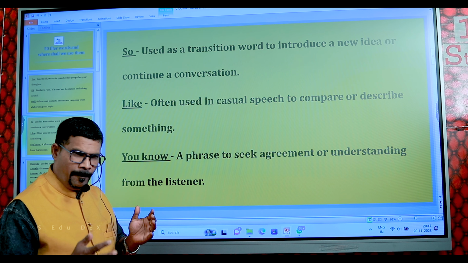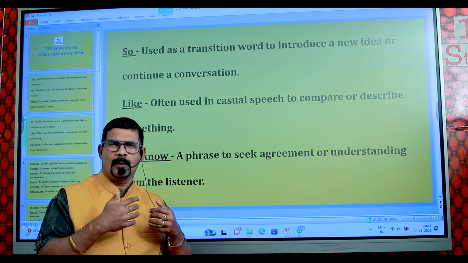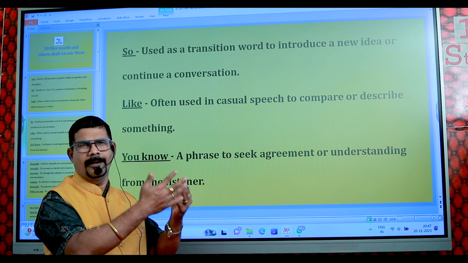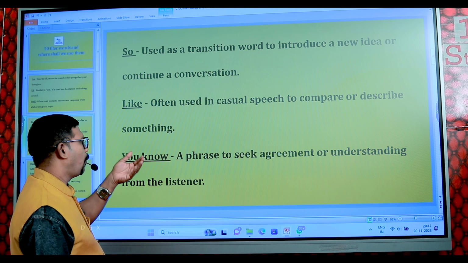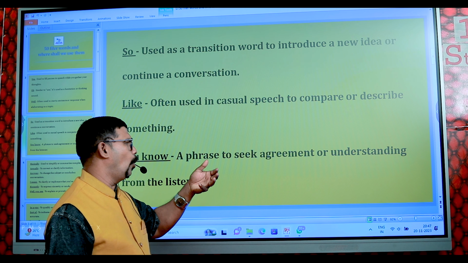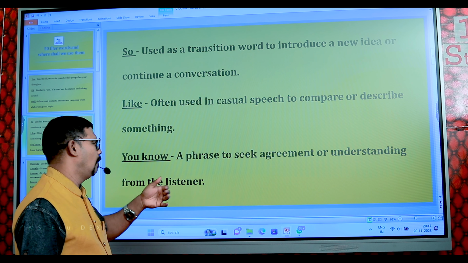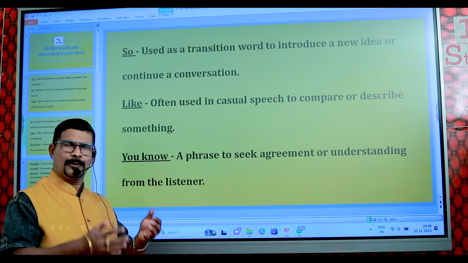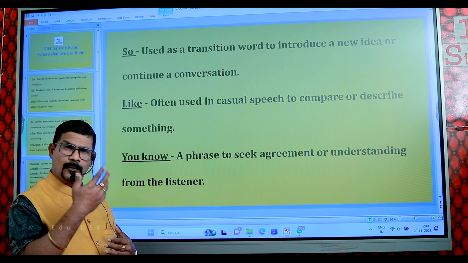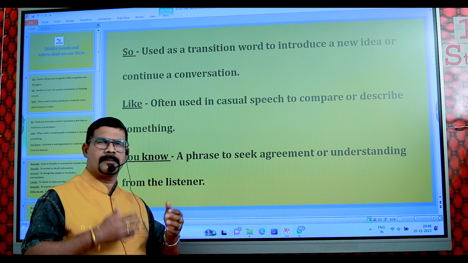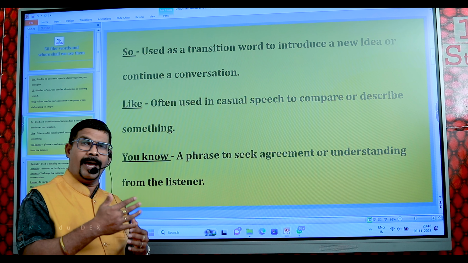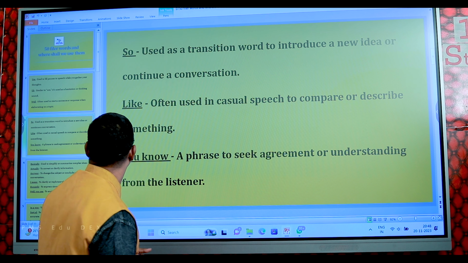When you are trying to compare a person or things, we use the filler word "like". Then a phrase to seek agreement or understanding from the listener. To grasp the listeners' understanding, we use such phrases while speaking to others.